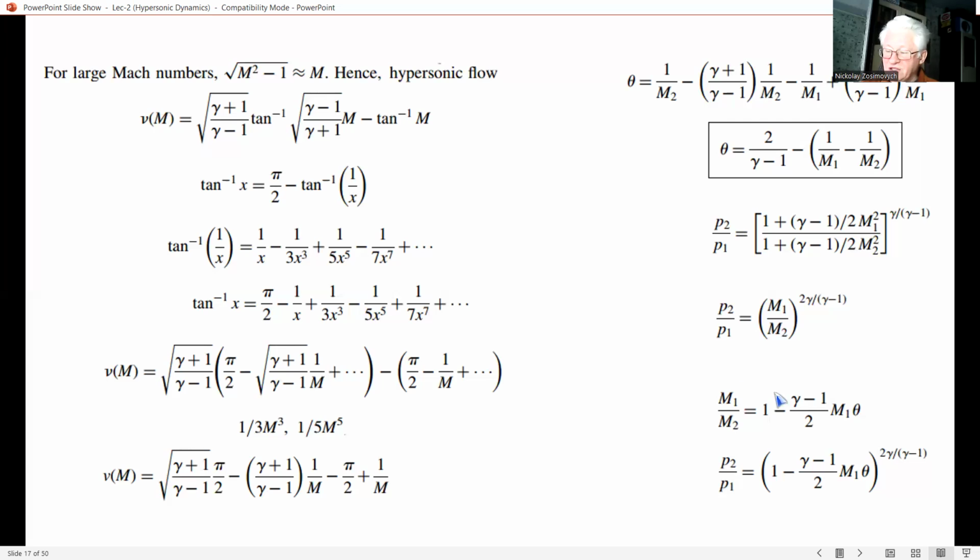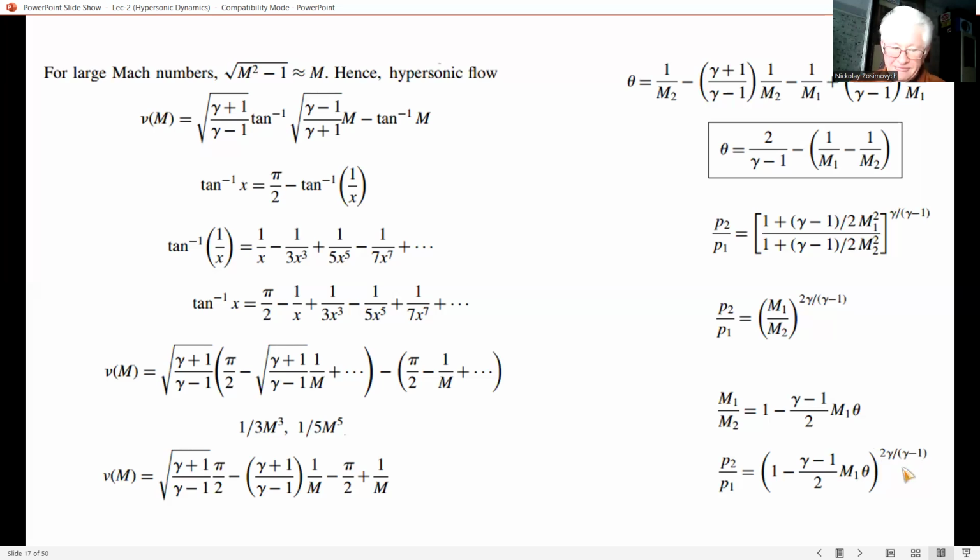Combining these last two expressions for P2 over P1 and M2, the pressure ratio across the expansion wave at hypersonic speed becomes P2 over P1 equals, in parentheses, 1 minus gamma minus 1 over 2 times M1 and theta, all of these to the power 2 gamma over gamma minus 1.